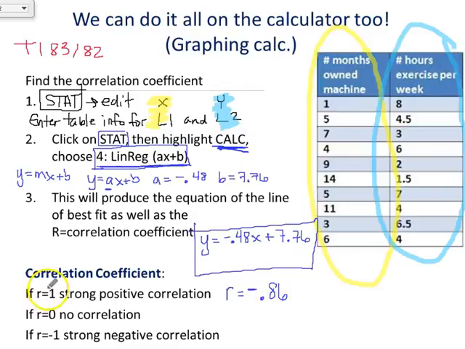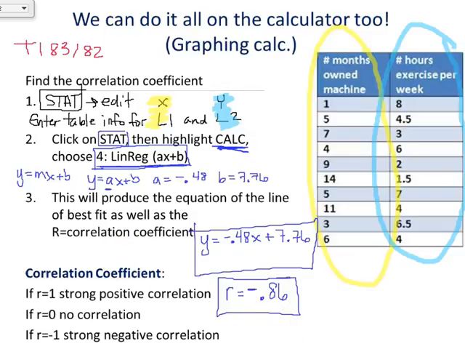If your R is close to 1, that means there's a strong positive correlation, that line does a really good job of getting as close to as many points as it possibly can. The closer you are to 0 means that it's not really a good correlation. It's not a good fit. And if R is close to negative 1, there's a strong negative correlation, which ours really does have.